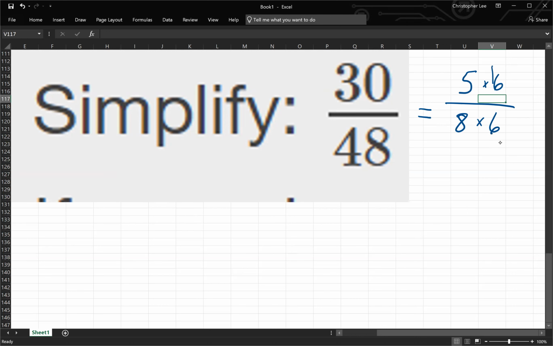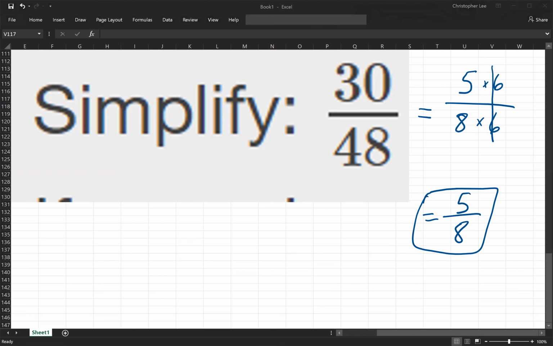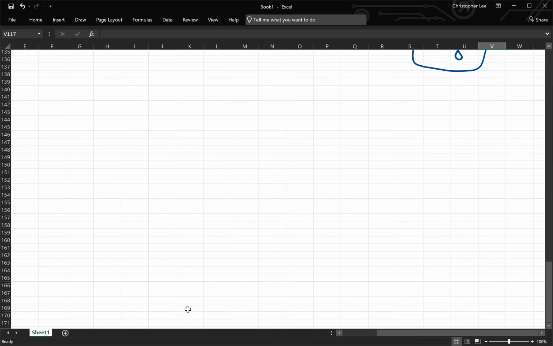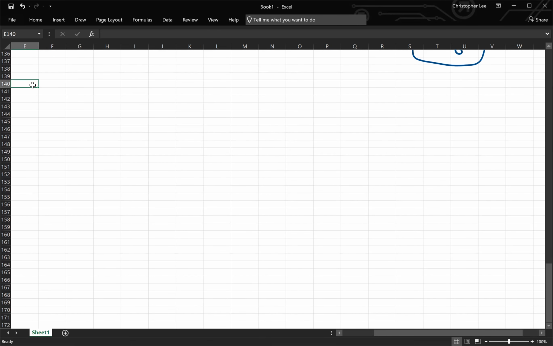And then 6 and 6 cancels out. All right, so I just have 5 over 8. Not bad. Remember how to do this, right? Simplifying fractions and all that. All right, this next one is real hard, real hard. Might even be a test question hard. How you do this?